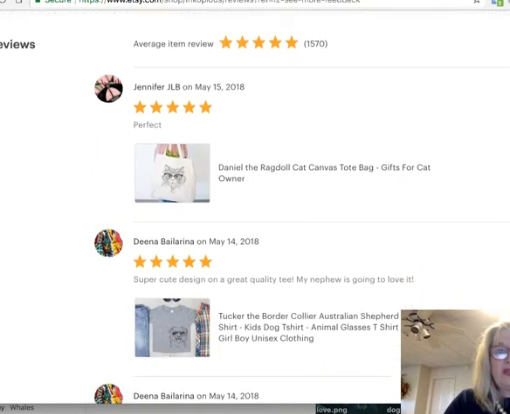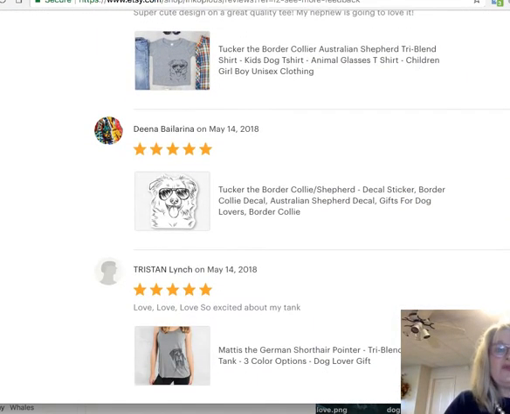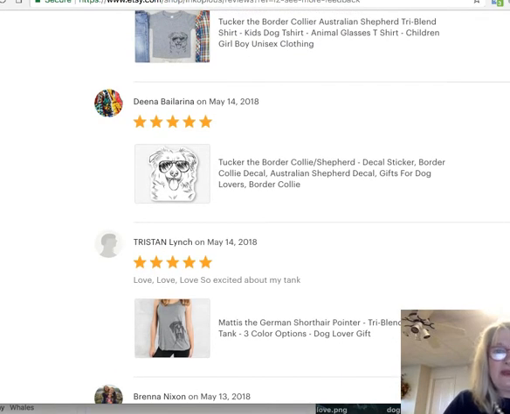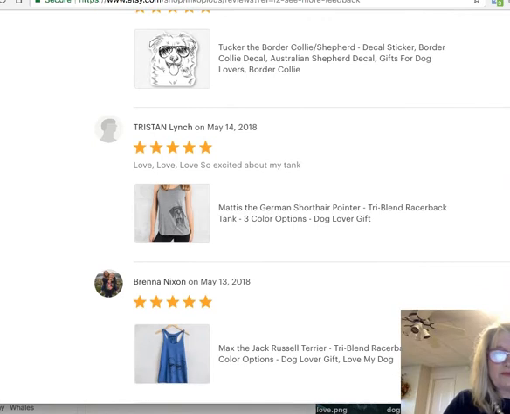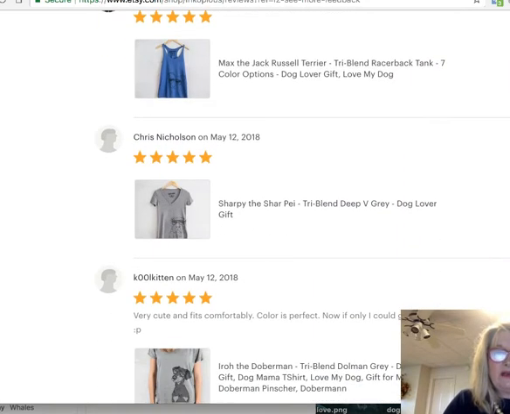You can't just do dogs and expect to make a sale. You can't just do cats. You want to drill down into these sub niches. Border Collie, German Shorthaired Pointer, again.